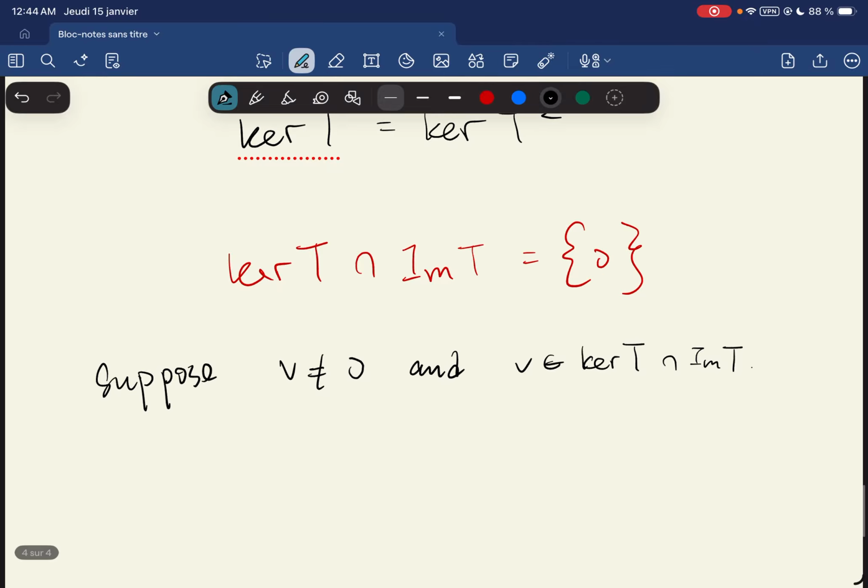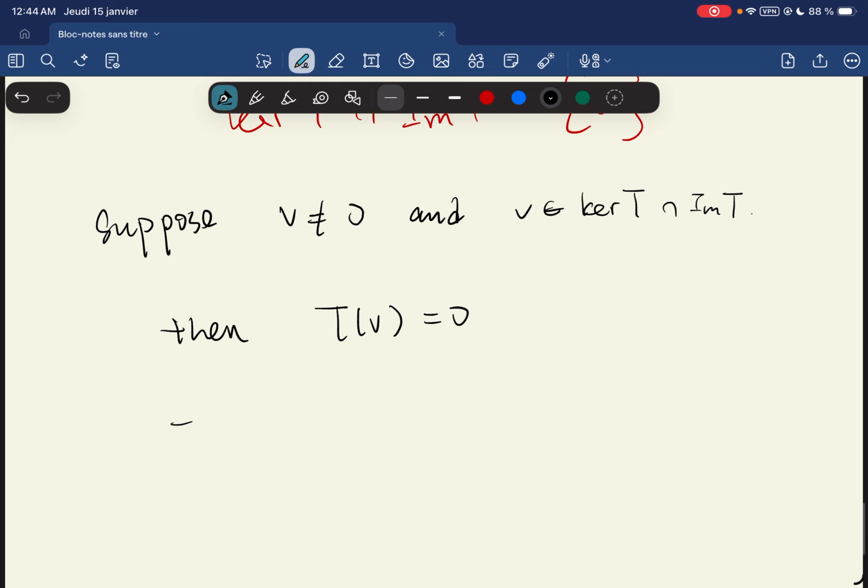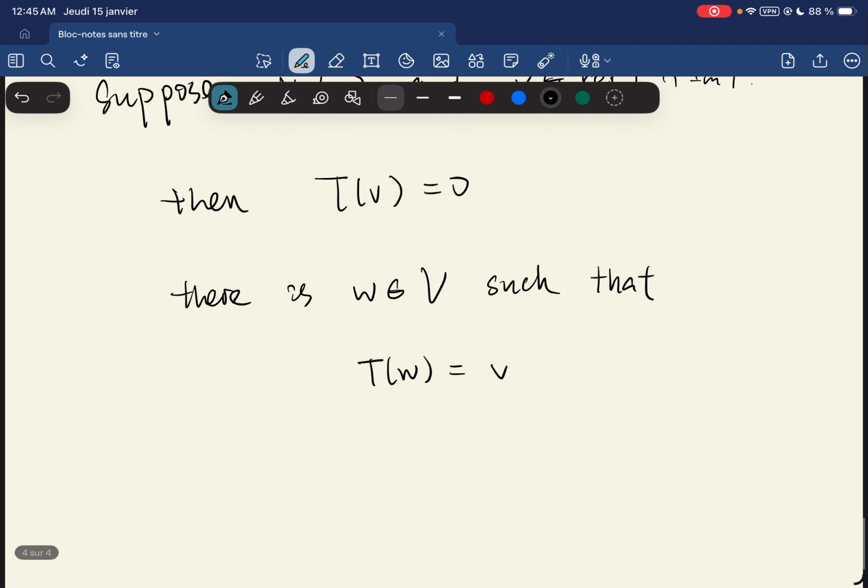Well, we can then use the definition of kernel and image to write that T of v is 0. And because v is also inside the image of T, there is w inside V such that T of w is equal to v.